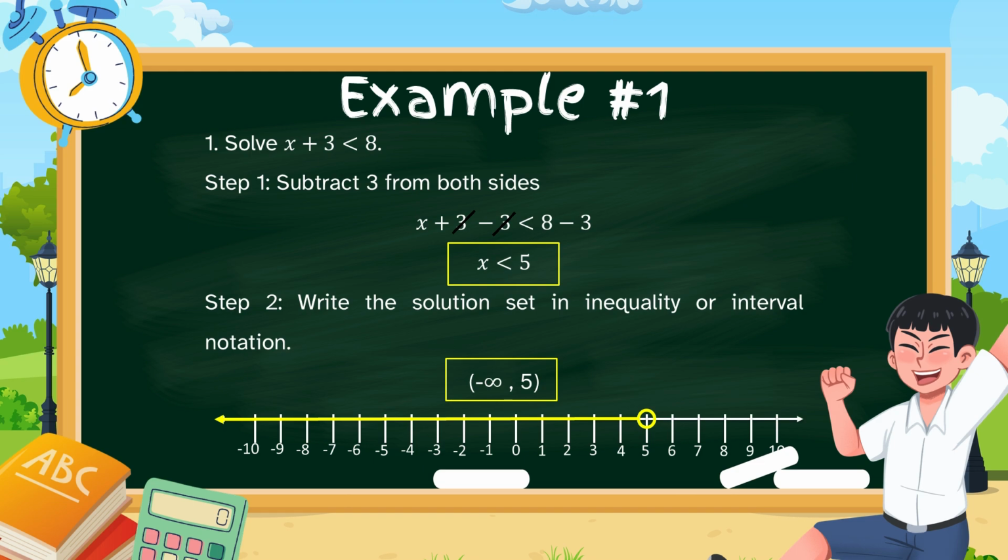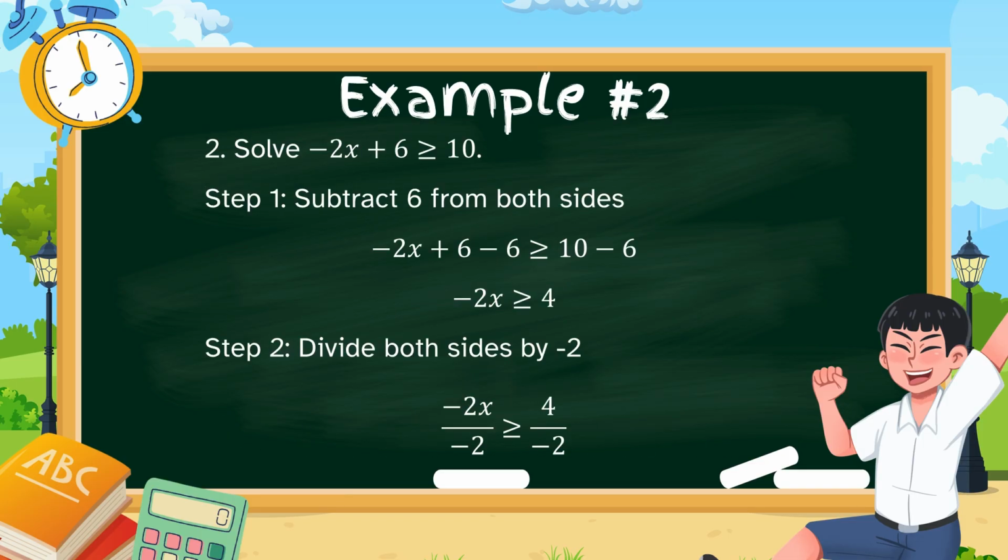Finally, we write this solution using interval notation. Negative infinity, 5. The parenthesis next to the 5 shows that 5 is excluded. The parenthesis next to negative infinity is always used because you can never actually reach infinity. And there you have it. The solution to x plus 3 less than 8 is x less than 5, or negative infinity, 5.